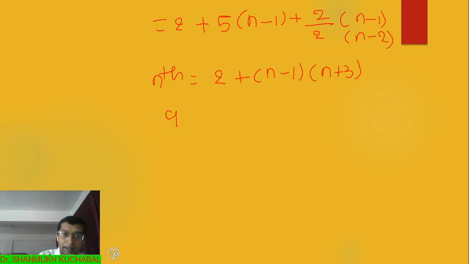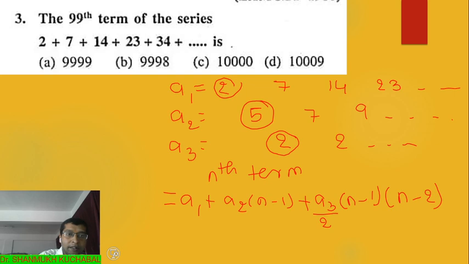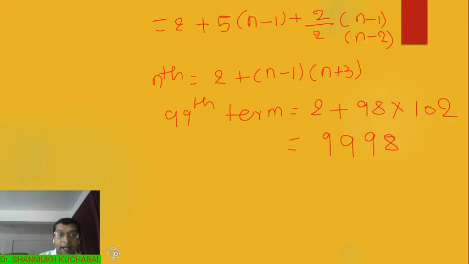We want the 99th term, so we take n equal to 99. 2 plus (99 minus 1), that is 98, into (99 plus 3), that is 102. 102 into 98 plus 2 gives us 9998. Therefore option B, 9998, is the right answer.